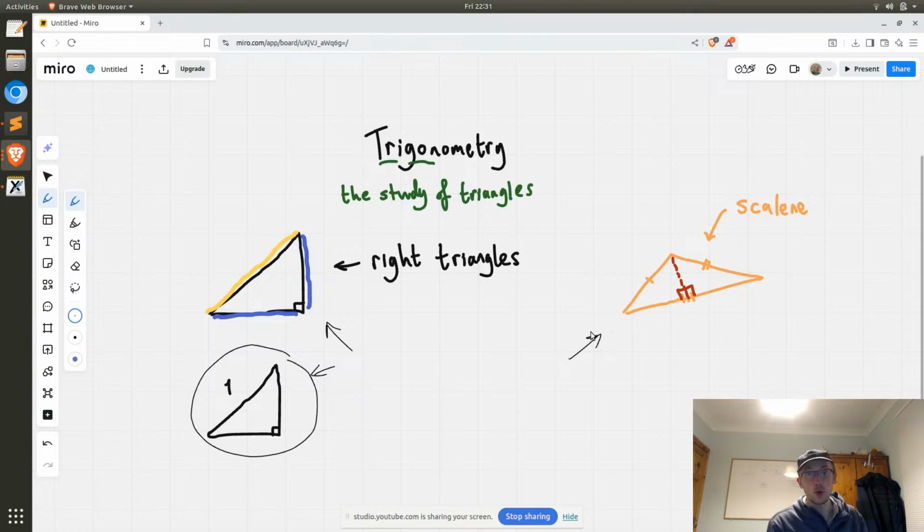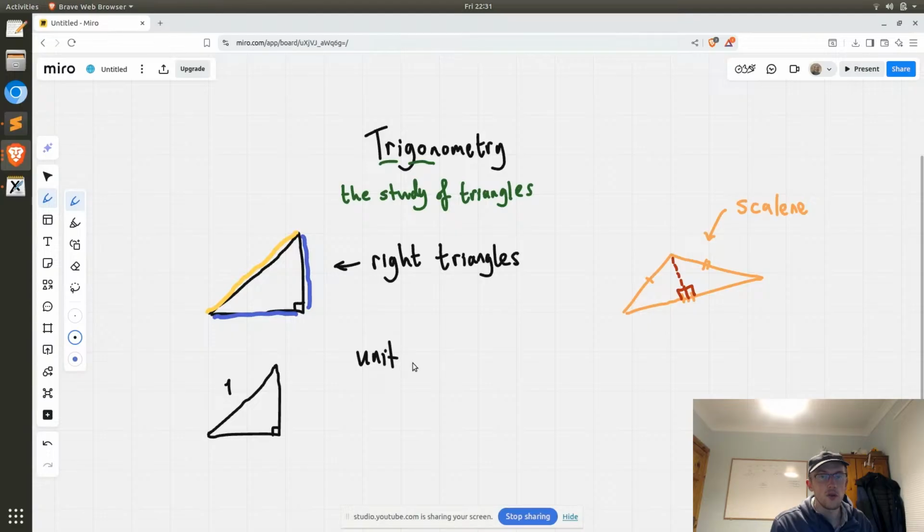And once we unlock all the triangles, we unlock all the other shapes in the universe. Amazing. So we only have to understand unit right triangles. These guys who have a hypotenuse of length 1. They're special.